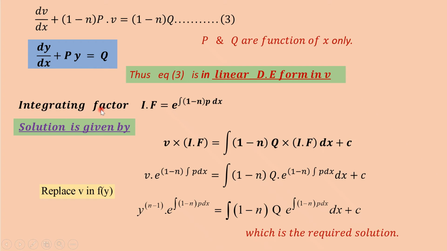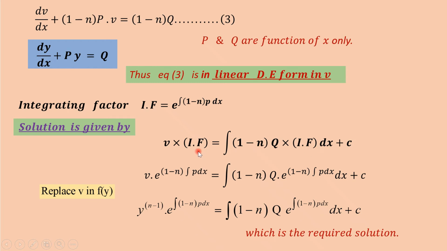The integrating factor, I.F., is e^(∫(1-n)P dx), the exponent being the coefficient of v. Now the solution is given by the dependent variable, that is v, times I.F. equals the integral of (1-n)Q times I.F. dx plus c.